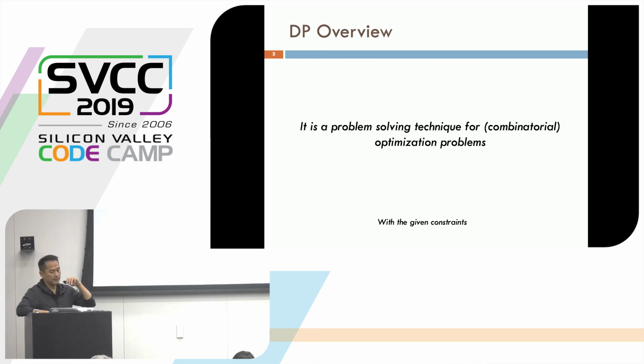Okay, so it's a problem-solving technique for optimization problems. Not always, but most of the time. And when you do optimization, you often have to deal with exploring all possibilities. That's where combinatorics comes in. That's the part that really creates a lot of challenges for us, at least for me.